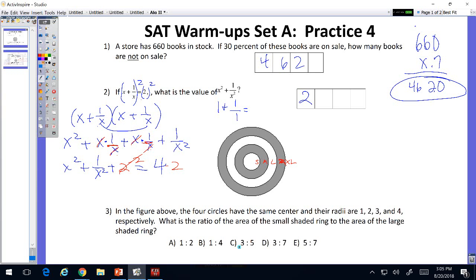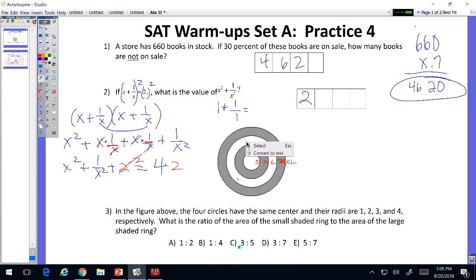All right, there we go. So, there are 4 circles there. Now, if I'm trying to find just the shaded part, do you see if I took the biggest circle and took away the inside, it would leave me with the shaded part?